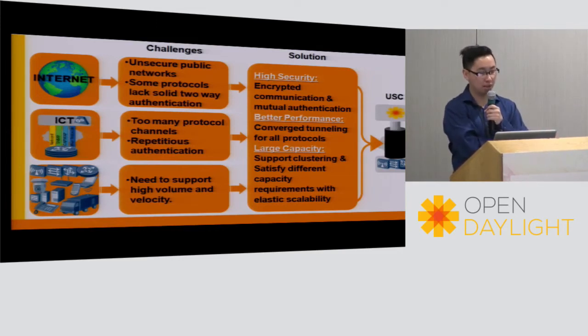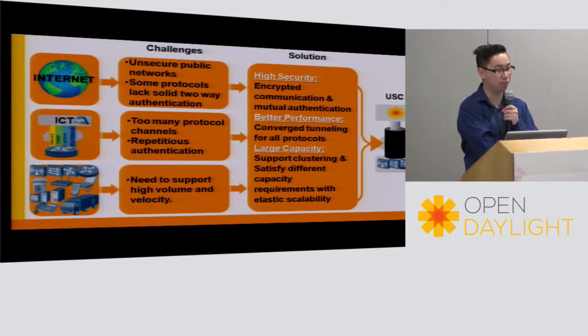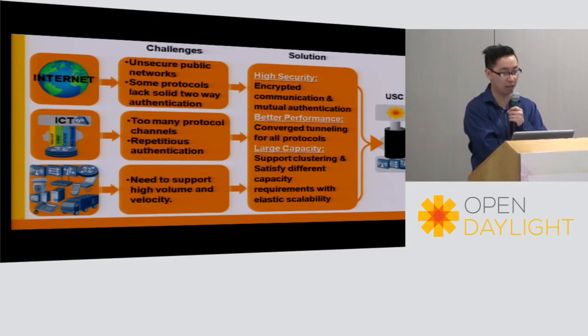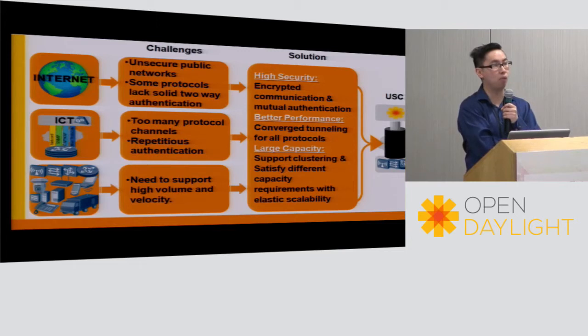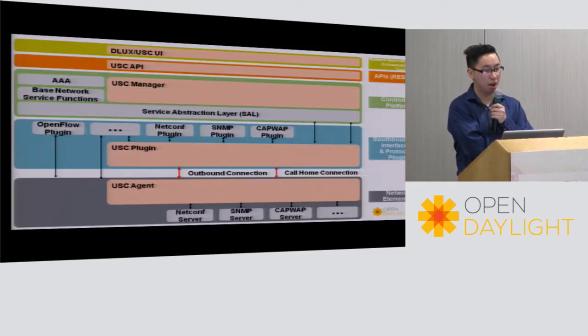The other problem is there are way too many protocol channels created, and you would have to do repetitious authentication whenever you do a handshake for any of those protocols. There's no guarantee that the authentication method is as secure as you would like. There are also metrics across the channels, and some configuration aspects in the USC manager.